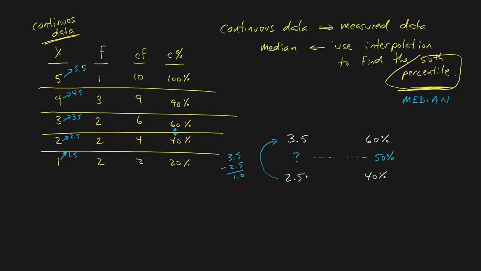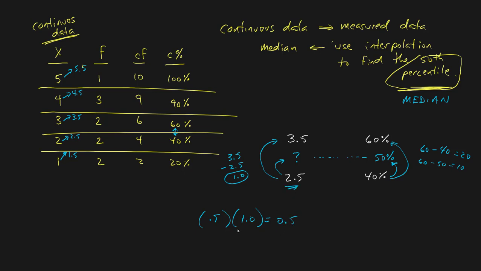I only want to go halfway because to get from 40 to 50, I only went halfway to 60. The distance from 60 all the way down to 40 is 20, but from 60 to 50 is 10. To get to the 50, we're only going 10 out of the 20 that spans this entire distance here. So we're only going halfway here. So halfway, 0.5 times 1 is equal to 0.5.